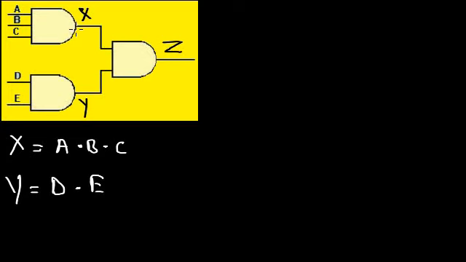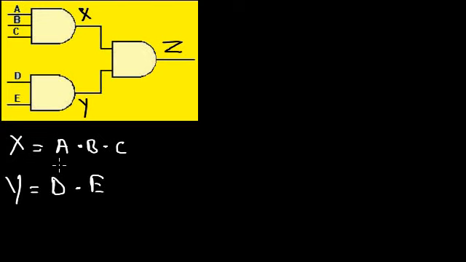Now it turns out that X goes over to meet the logic gate Z. And Y also goes to the logic gate Z. Eventually it is observed that logic gate Z is also an AND gate.